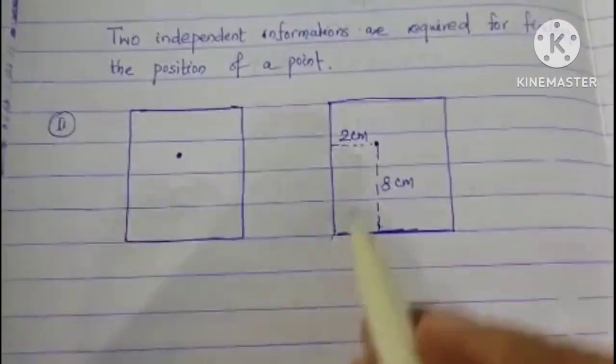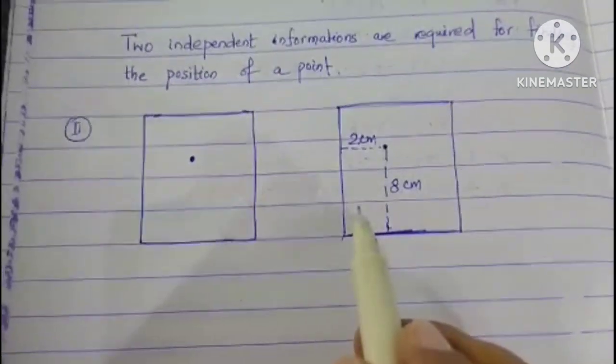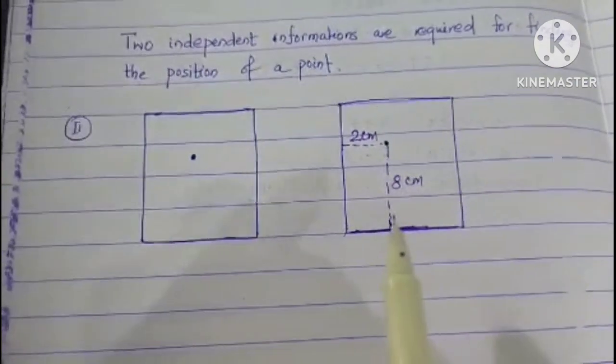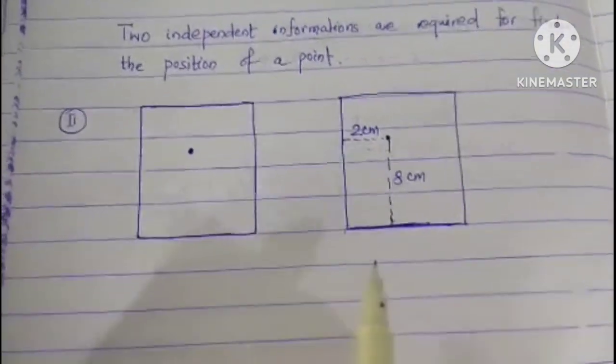It is quite clear that the dot is located at this distance and this distance. So two independent pieces of information are required for finding the position of a point, which we will see later in our Cartesian system or coordinate axis.